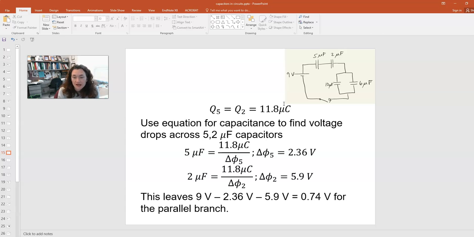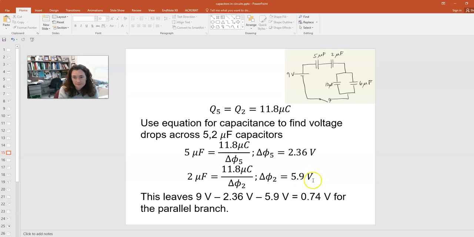Cross multiplying, I can find the voltage drop across that 5 microfarad capacitor. It's 2.36 volts. I can do the same process with the 2 microfarad capacitor. 2 microfarads is 11.8 microcoulombs divided by delta V2. Cross multiplying, I end up with a voltage drop for the 2 microfarad capacitor of 5.9 volts.